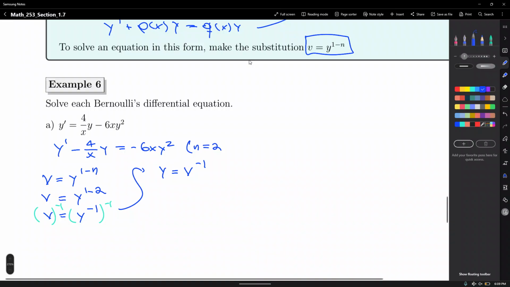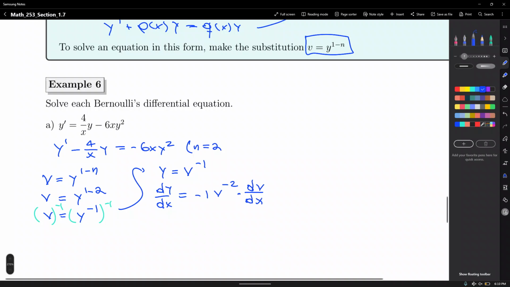Notice in this case, it's important to clarify that these are two functions of x. So let's take the derivative. dy dx equals the derivative of v to the negative 1, that's negative 1 times v to the negative 2. But because this is an implicit function of x, we need the chain rule here. That is, we need to multiply by the derivative of v with respect to x.